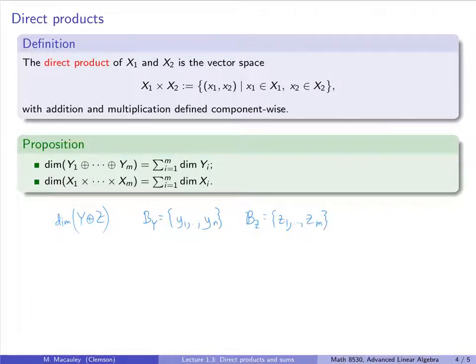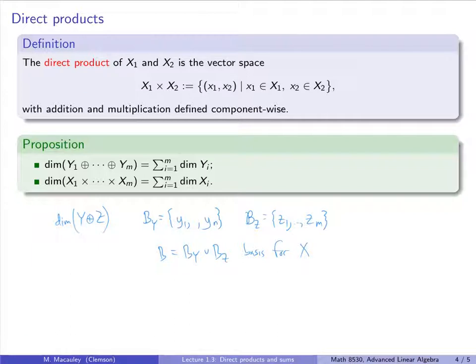Then I claim that the union of these, By union Bz, is a basis for x. So the dimension is additive, because the cardinality of these disjoint subsets is additive. And I'll let you figure out how to extend that for m of these. It's straightforward. I think notation is the hardest part.